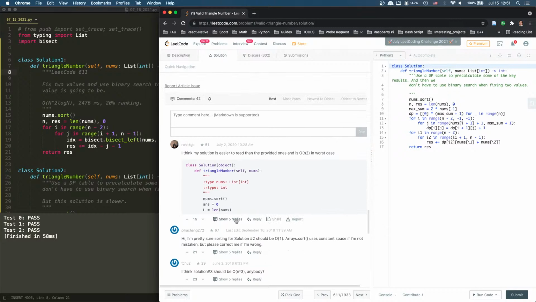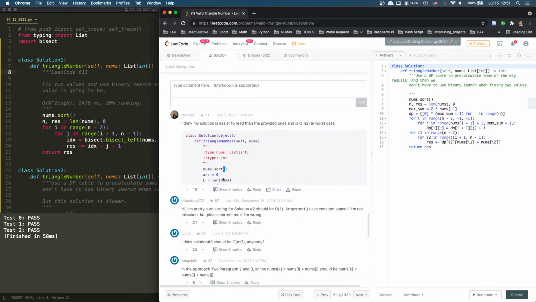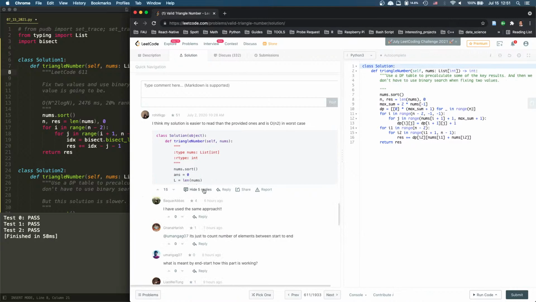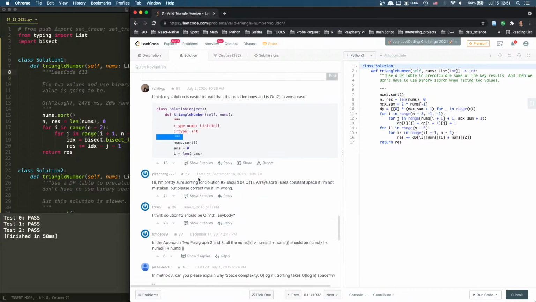I think my solution is easier to read. And I cannot read the solution, man.